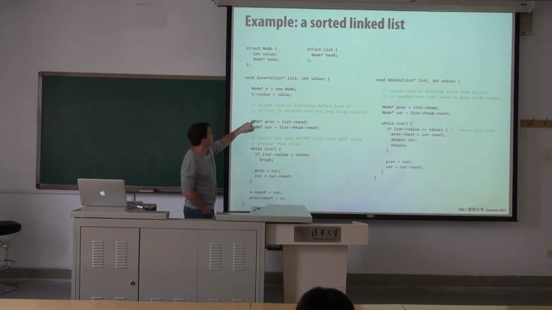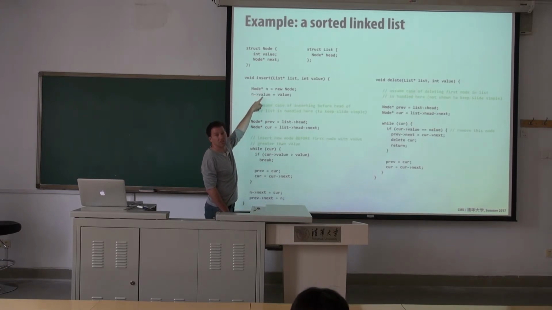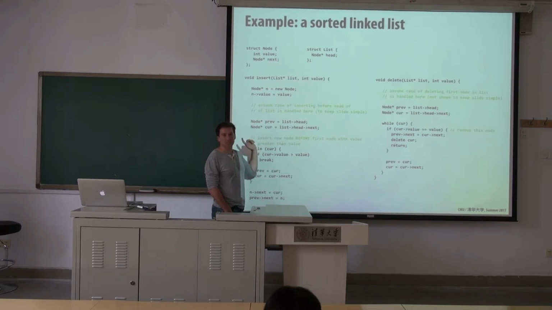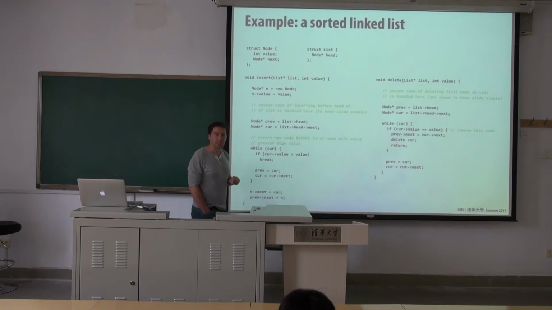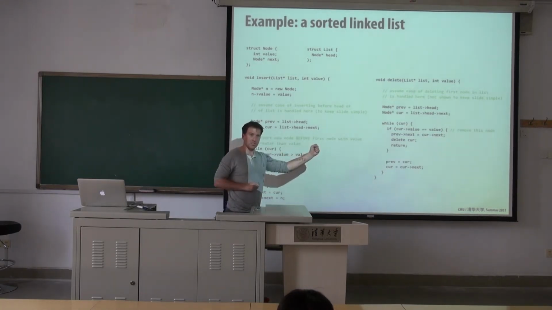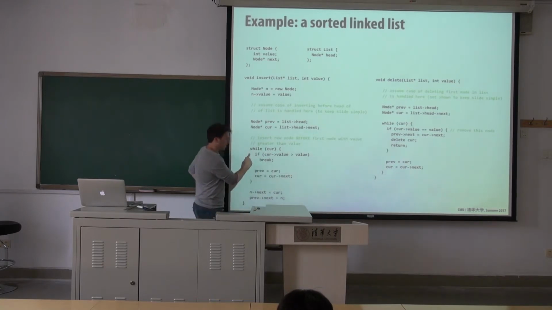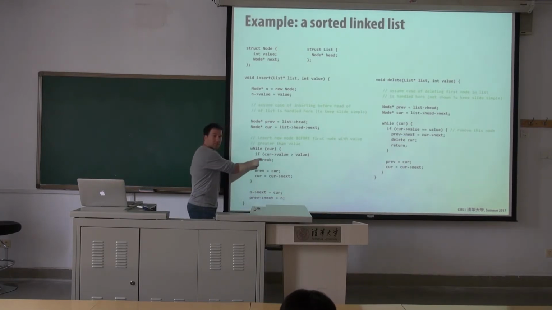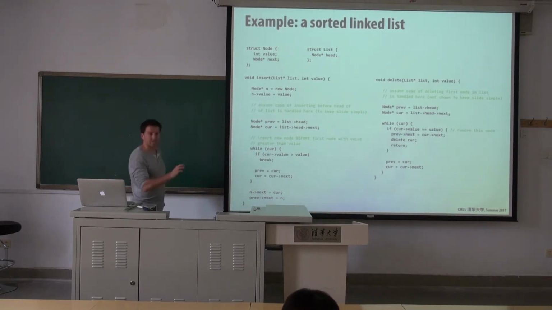If you look at insert, I want to insert some new node with value val. I will ignore the edge cases, but let's assume that previous points to the head of the list, current points to the next item, and we will walk the list until, if current's value is greater than value, we'll stop, and the new node should go right there.